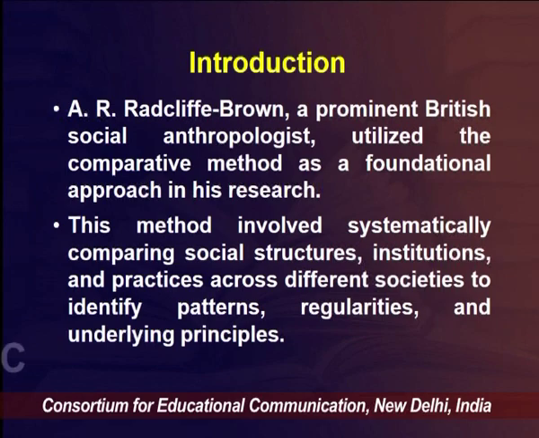He was under the impression of unifying rules that could help us understand the way in which structures function. So when we read Radcliffe Brown, we also keep in mind that he was a functionalist, and he was also working at a time when sociology and social anthropology were being developed as very similar to the physical sciences.